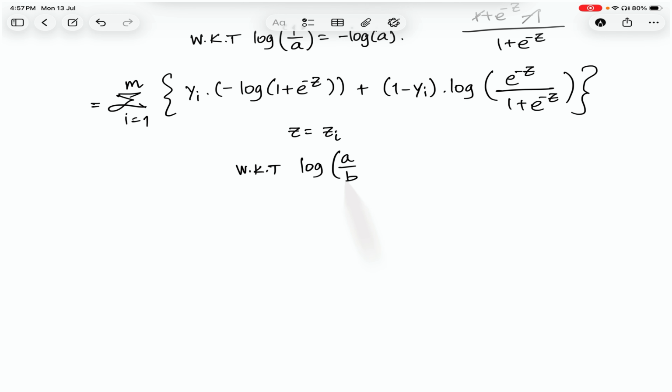Let's just expand this term here. Let's see what we get.